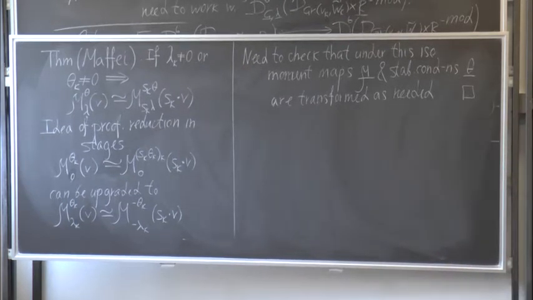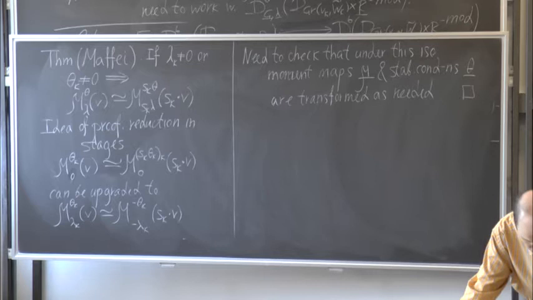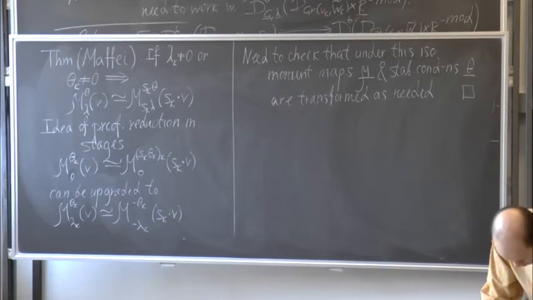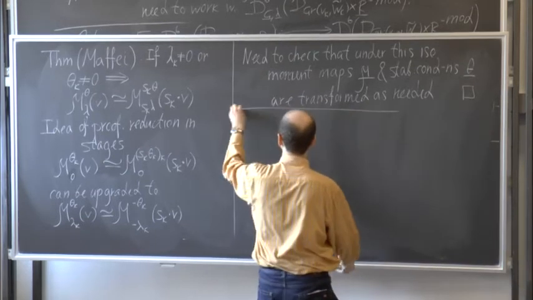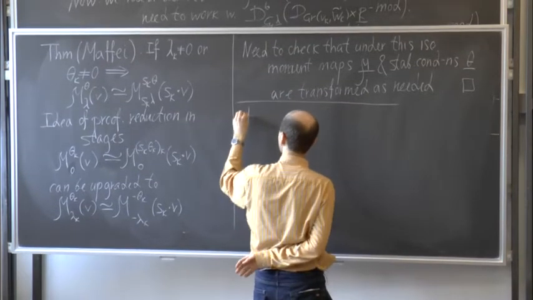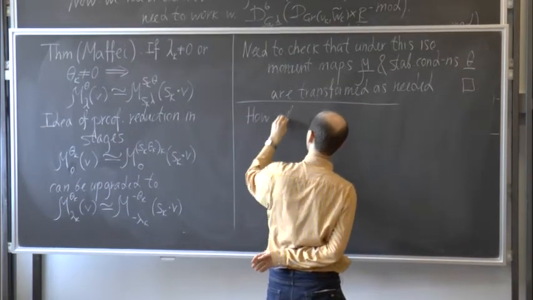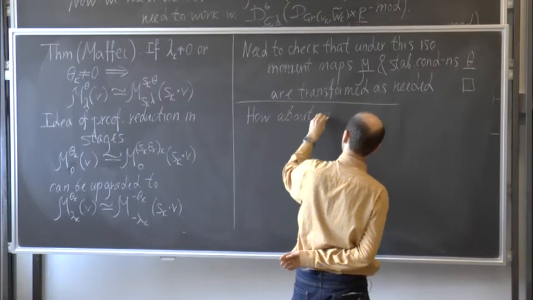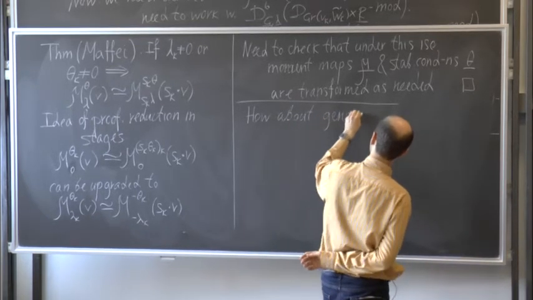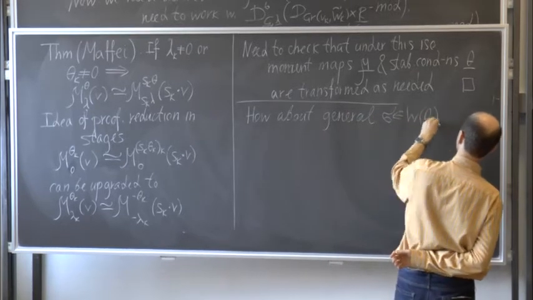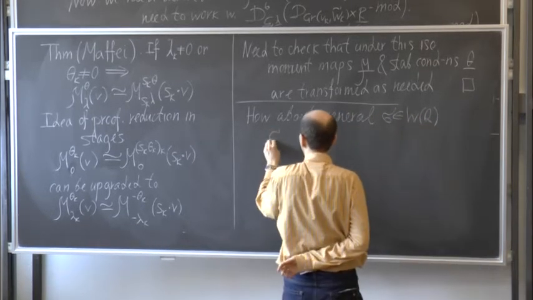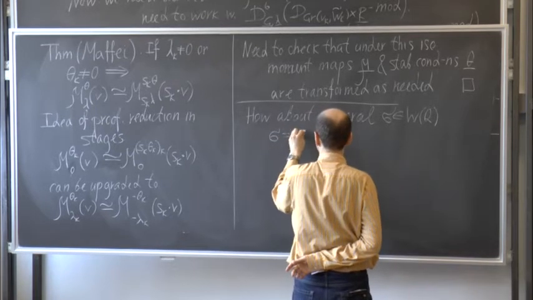And now, what do I need to say here? All right. Now how about a general sigma in W Q? Well, I can of course decompose this sigma into simple reflections.